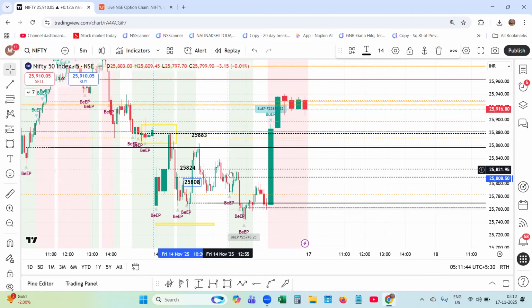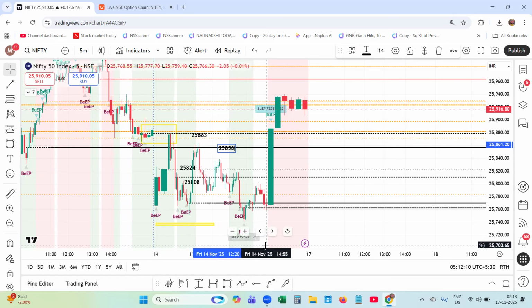That means the market is breaking the supports confidently after hitting that, and a new EP at 25,858 became the resistance. So now you know two strong barriers on the upside.